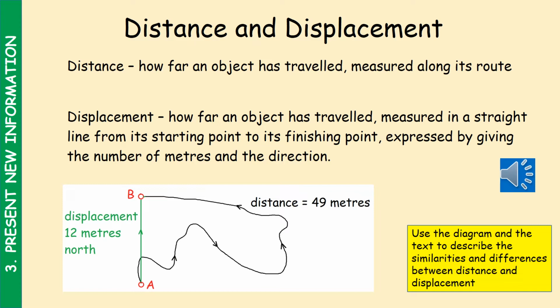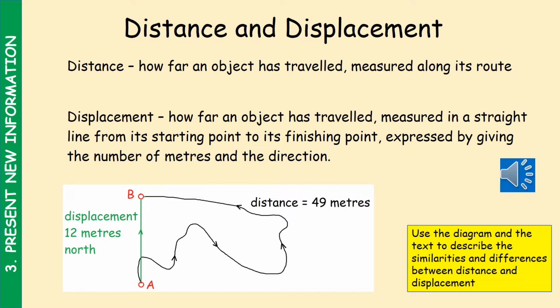The displacement, on the other hand, is the straight line distance between your starting and finishing point, and must also include the direction.